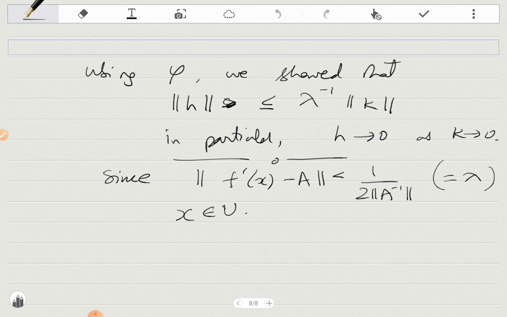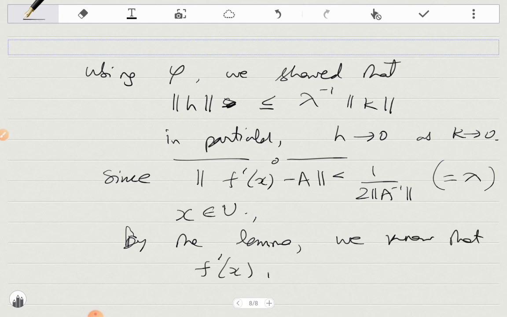The 2 was added to get the contraction mapping property, but even if we didn't have the 2, we would still be able to say f prime x is invertible. By the lemma we know that f prime x is invertible.